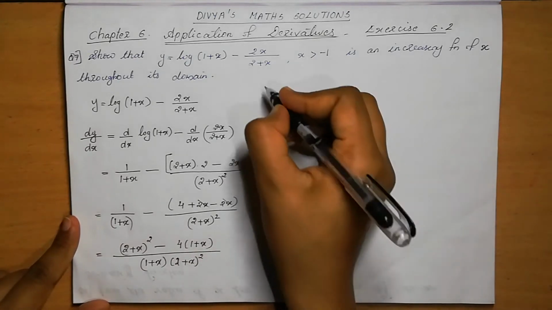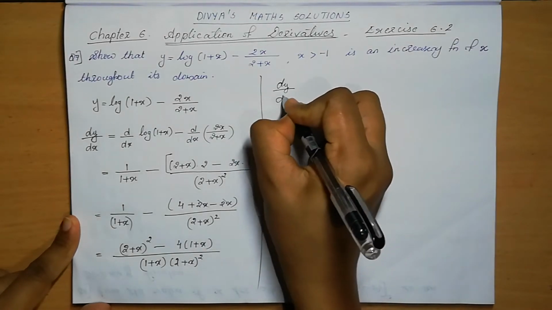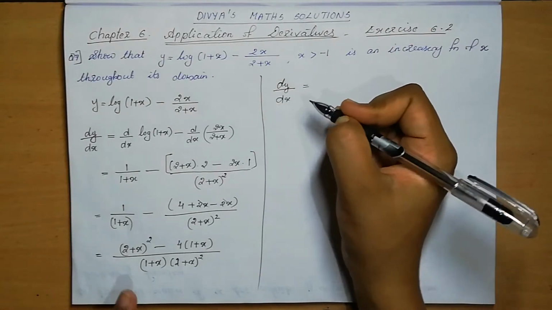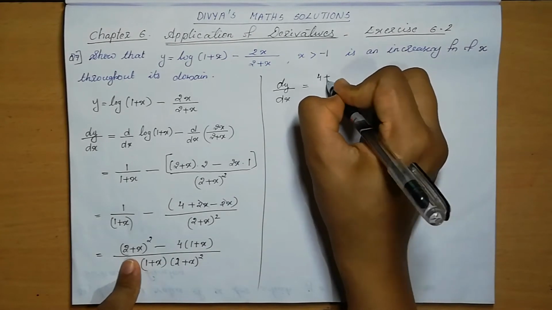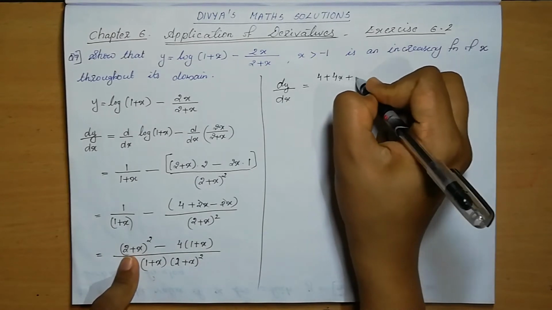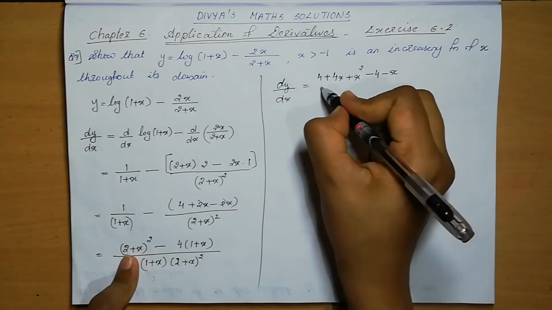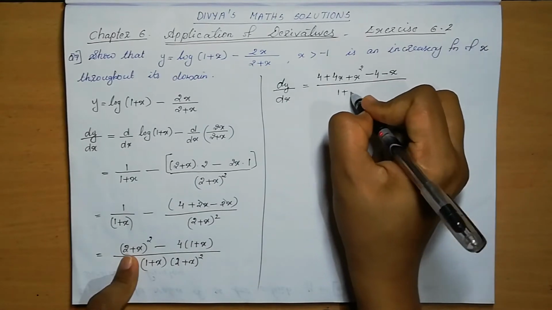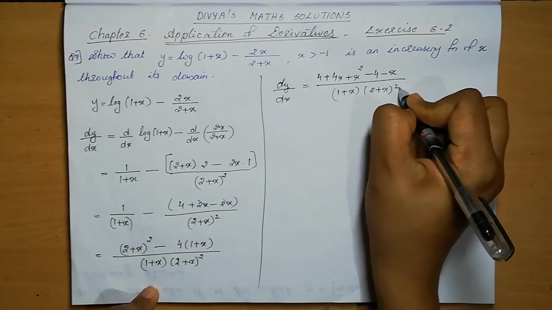So the numerator we can also rearrange. dy by dx equals, this is in the form of (a plus b) the whole square. That means 2 square is 4, 2ab means 2 into 2 into x is 4x, plus x square, minus 4 minus 4x, divided by (1 plus x) into (2 plus x) the whole square.